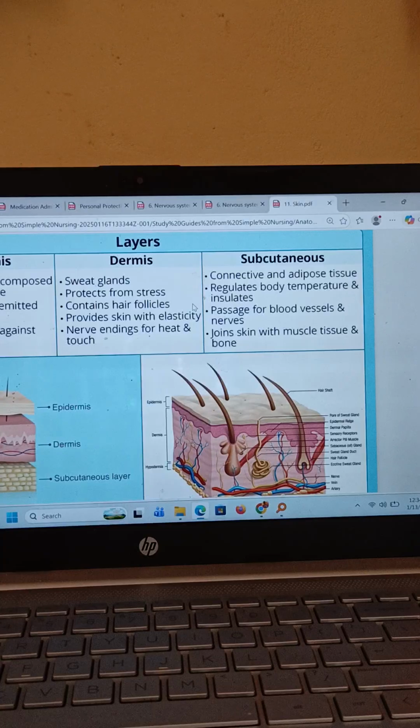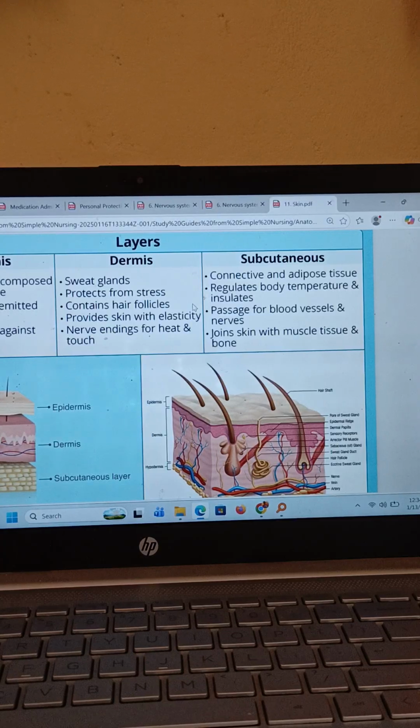Unlike people from the hot, arid, and semi-arid lowland areas, you'll always find they have a thin one because of the aspect of regulating body temperature. Another thing about the subcutaneous layer, it's the passage for blood vessels and nerves. It joins skin with muscle tissue and the bone.